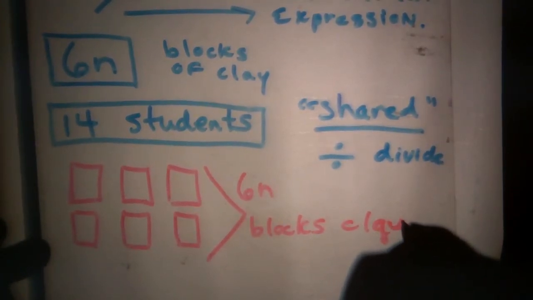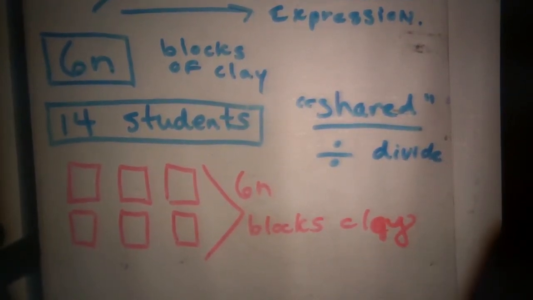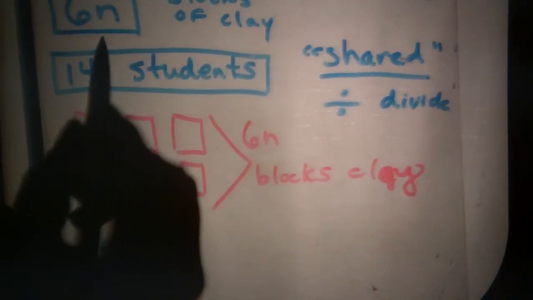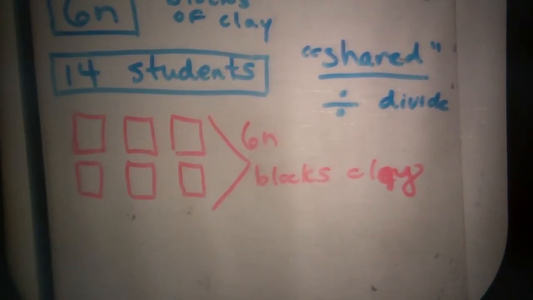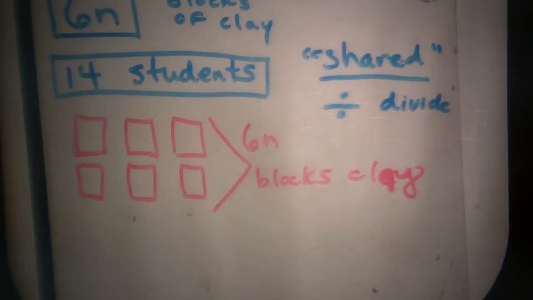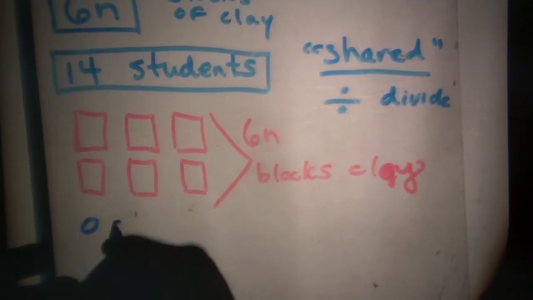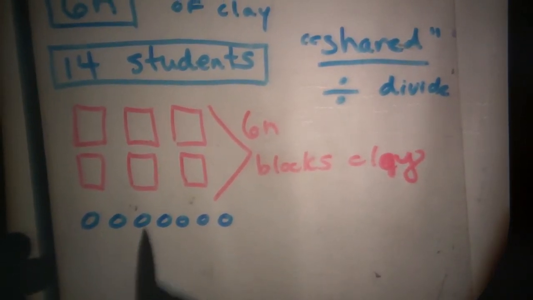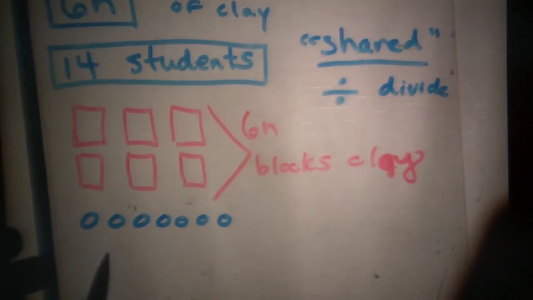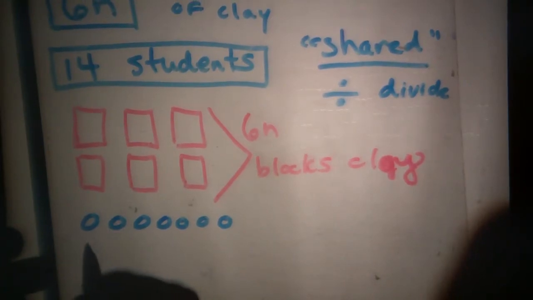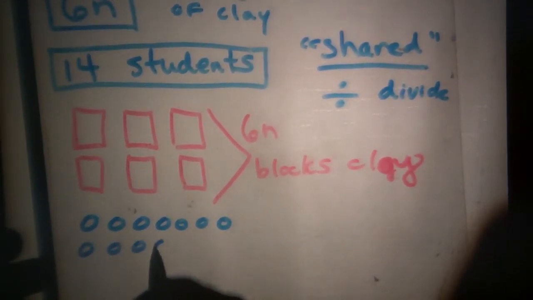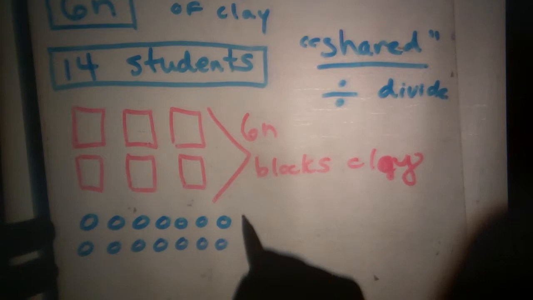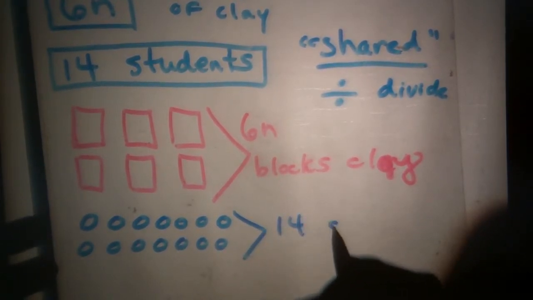Alright, let's draw. Well, we have 6n blocks of clay. How many students do we have? 14. Let's draw 14 students. I'm grouping them in a logical manner so that when I glance at it, I can immediately tell what I have. 1, 2, 3, 4, 5, 6, 7. These are my 14 students.